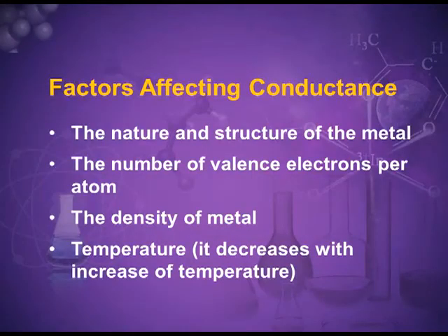There is no chemical change that takes place in the metal. Factors affecting metallic conductors: the nature and the structure of the metal, the number of valence electrons per atom, the density of the metal, temperature. The metallic conductance decreases with increase of temperature.